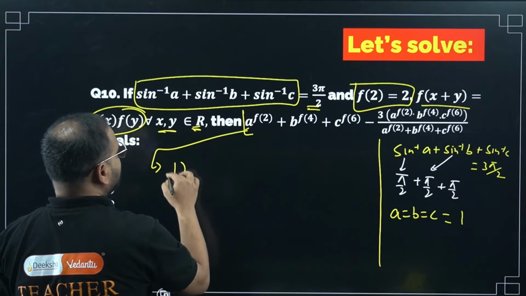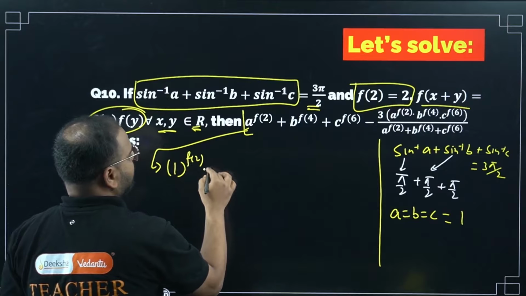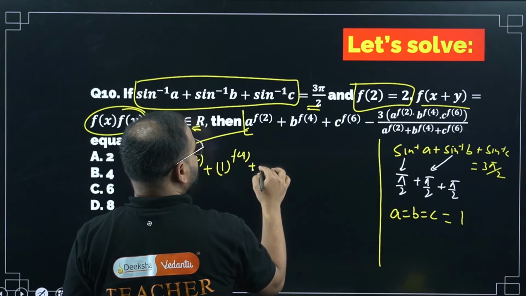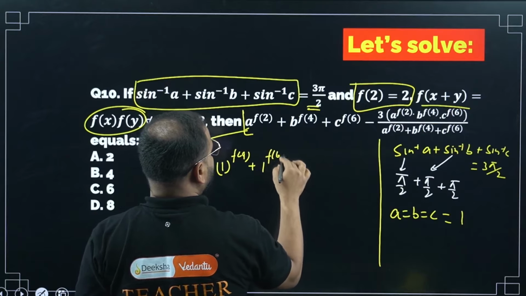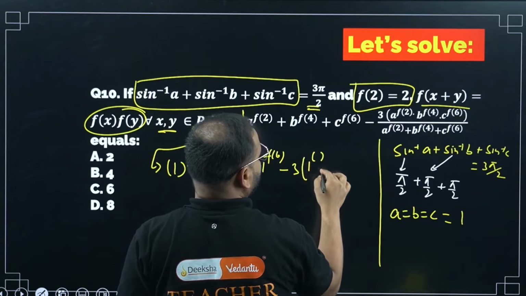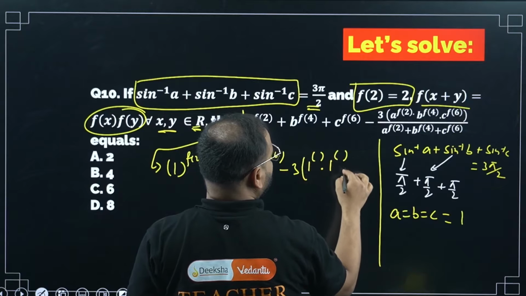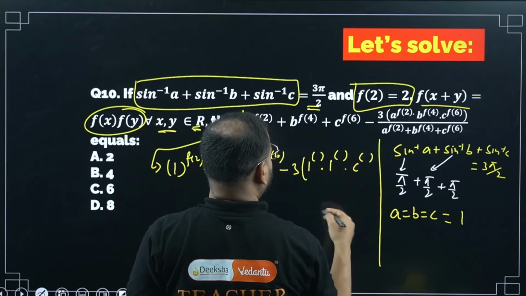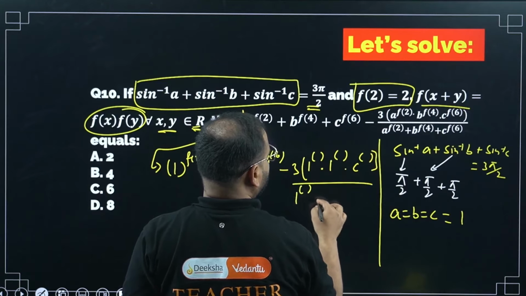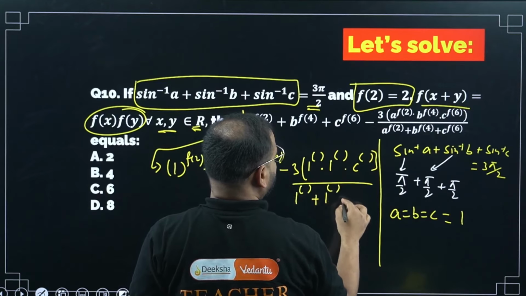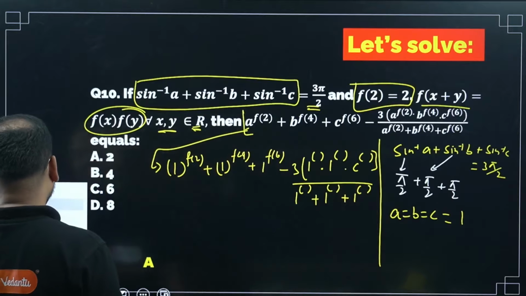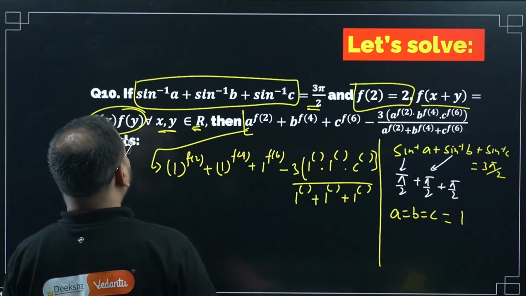So 1 power f2, 1 power f4 plus 1 power f6 minus 3 times 1 power something, 1 power something and 1 power something, divided by 1 power something plus 1 power something plus 1 power something. We can solve that part, not a difficult task.